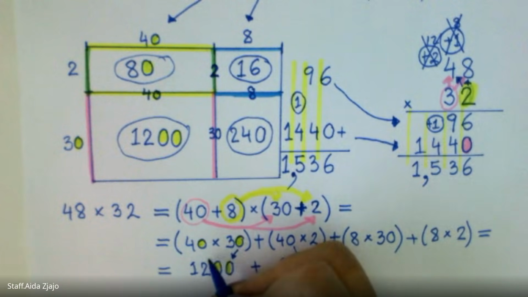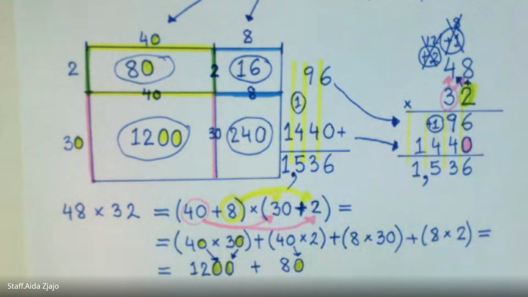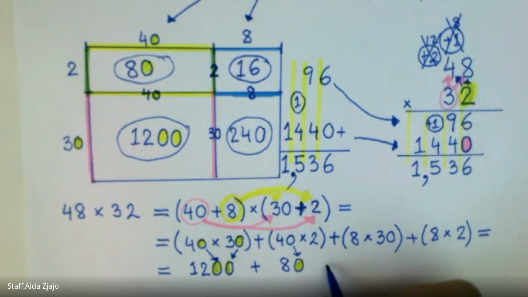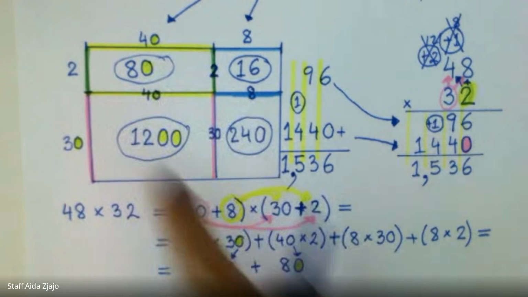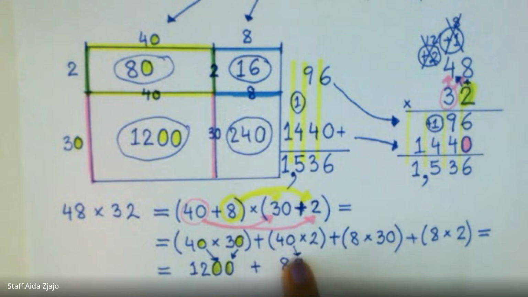So I can also show this way to the student. Now I can see that is this one. 2 groups of 40 is 80.